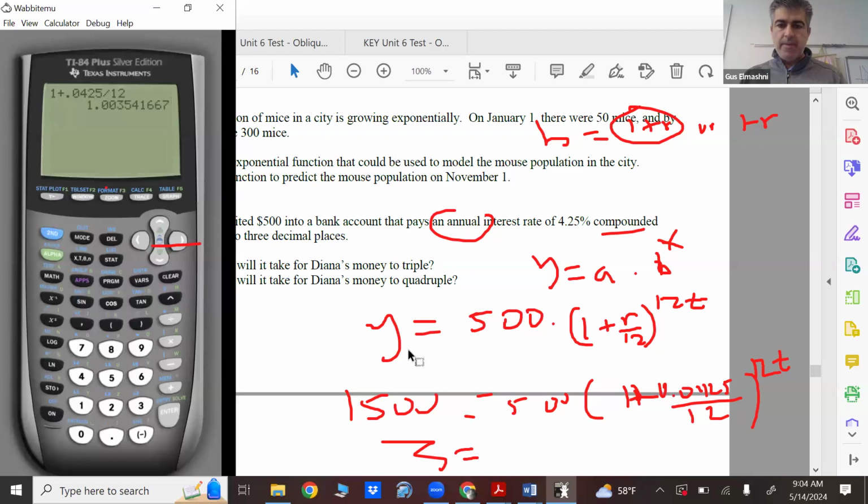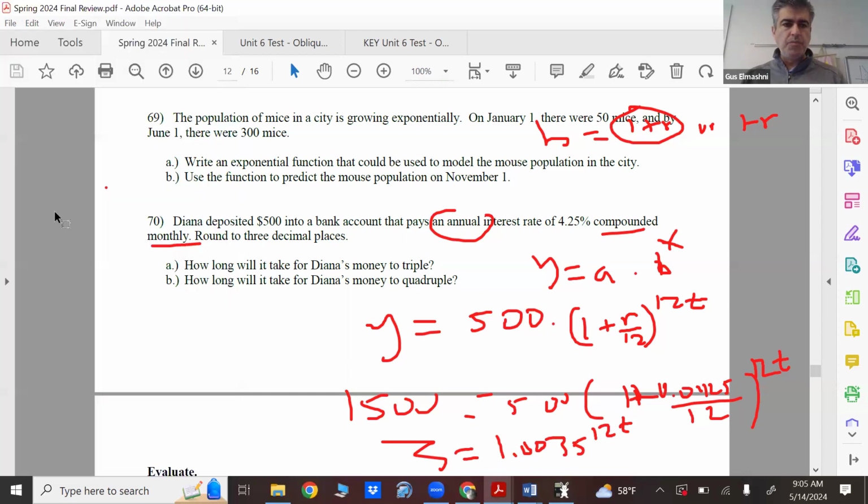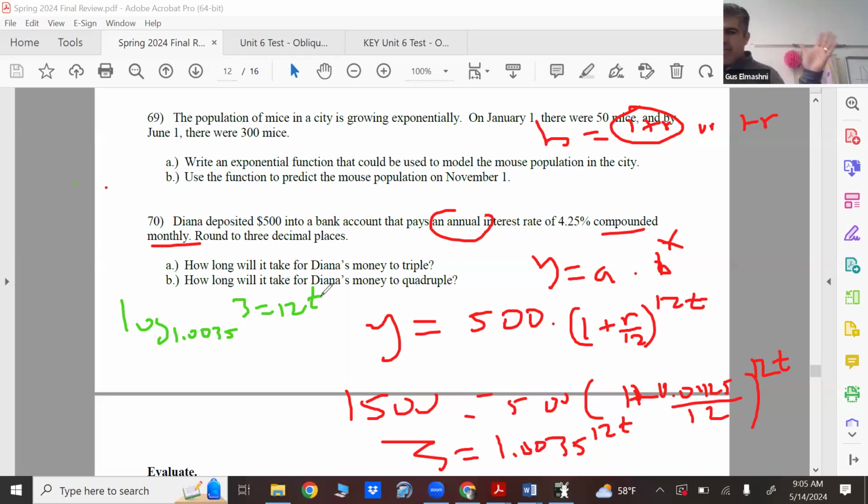Okay, cool. So it's 1.0035. That's kind of crazy. Nice to do a log of it. And then punch in the calculator, work it out, you get the answer.